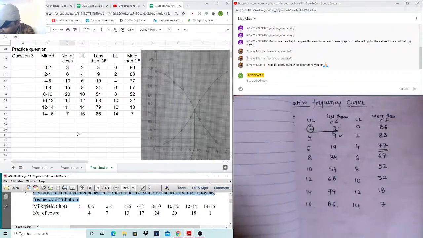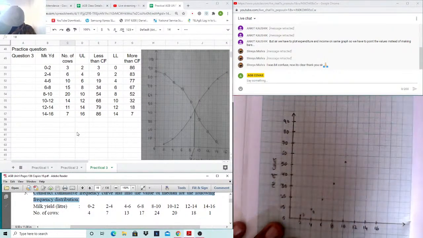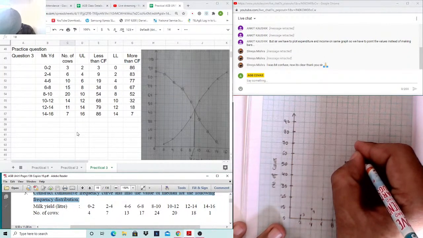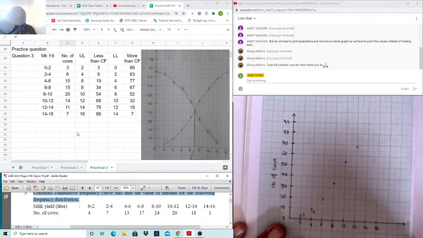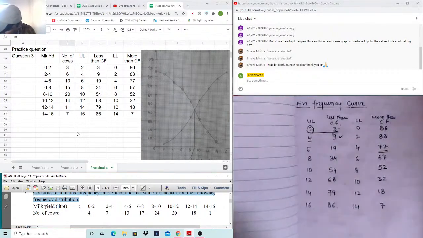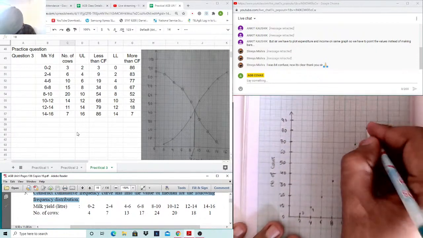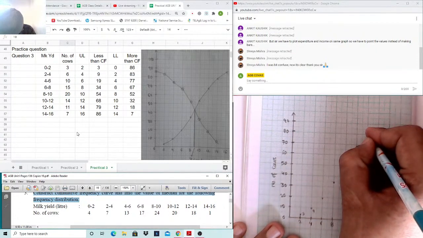Then at 12, it is 68. Then at 14 it is 79.